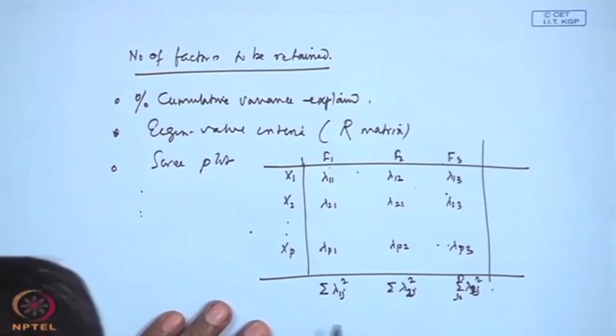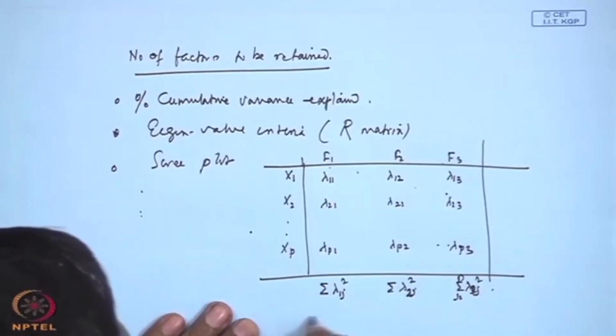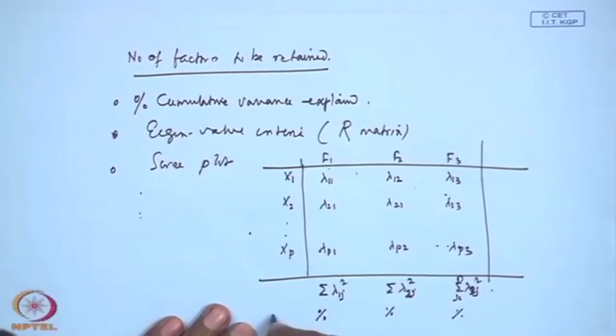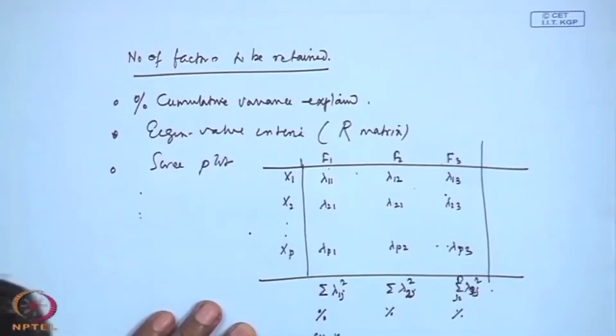So, you find out the percentage for each, then you find out the cumulative percentage.